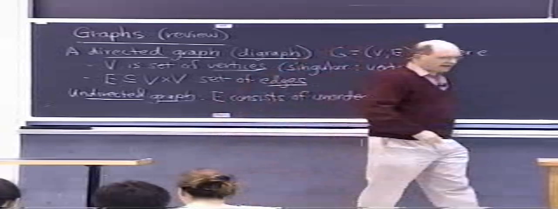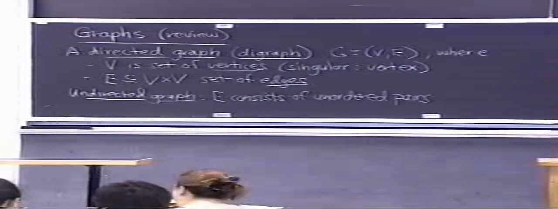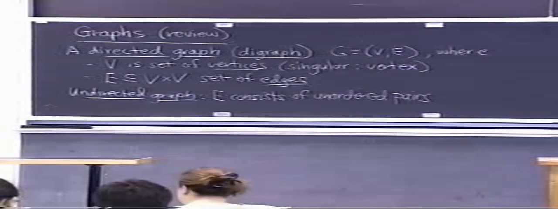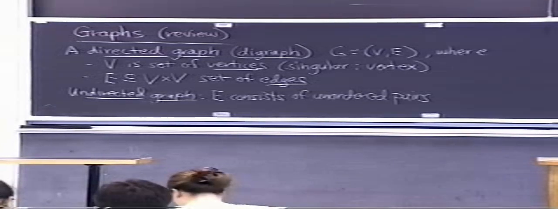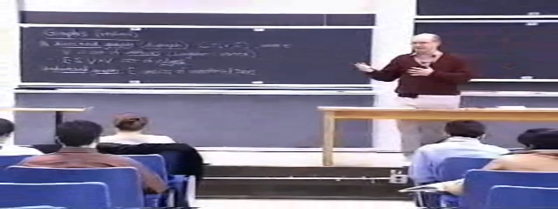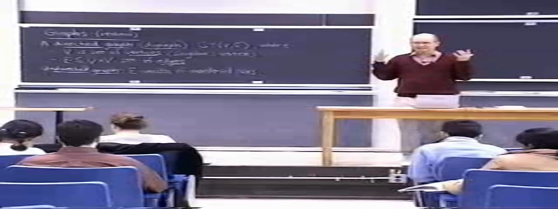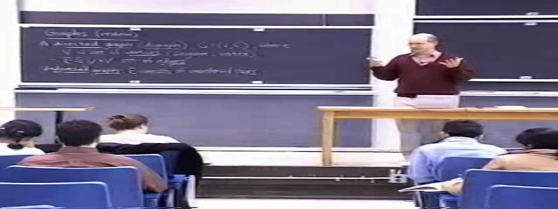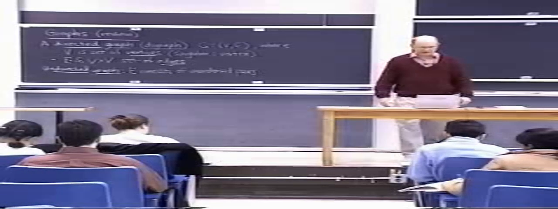Okay, and so there are a bunch of things where it's not going to matter whether we're talking about directed or undirected, and there are a lot of common definitions, but they're really two distinct but related combinatorial objects.